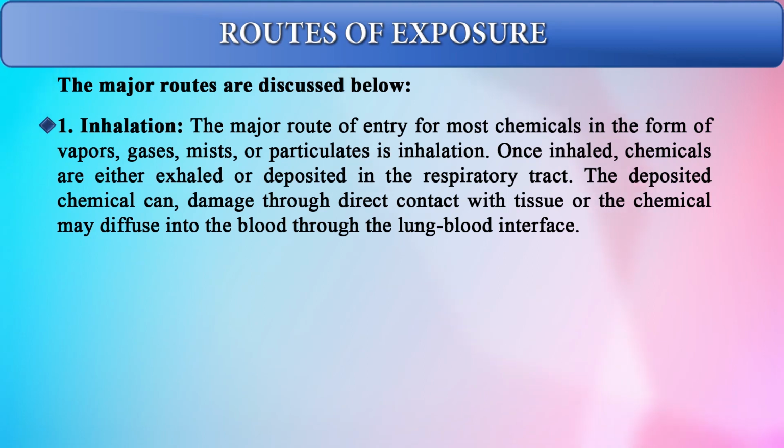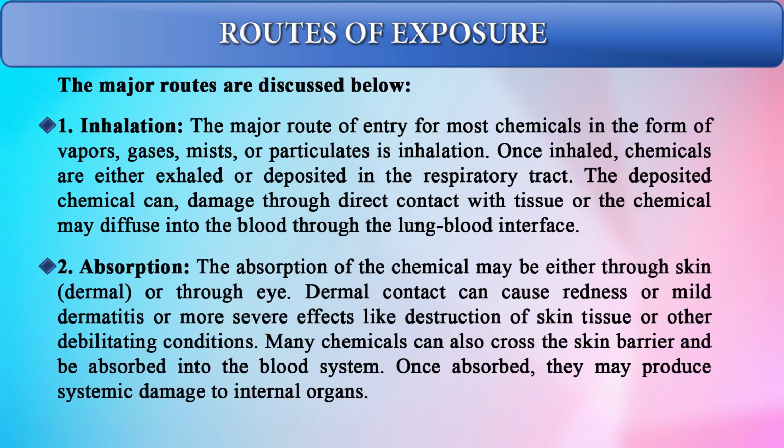The major route of entry for most of the chemical in the form of vapors, gases, mist or particulate is inhalation. Once we inhale, these chemicals are either exhaled or deposited in the respiratory tract. The deposited chemicals can damage through direct contact with tissue, or the chemical may diffuse into the blood through the lung-blood interface.